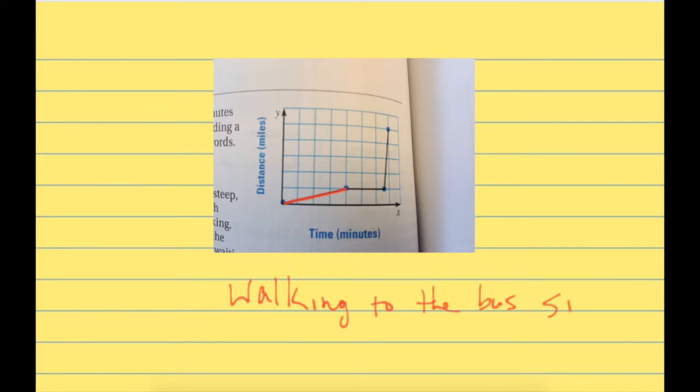The next interval, her distance is not changing, not going up or down. She's not getting closer or further away. So if she walked to the bus stop, why would she not be moving after she walked to the bus stop? Probably because she is waiting for the bus.